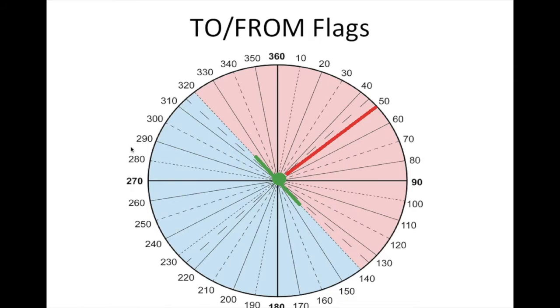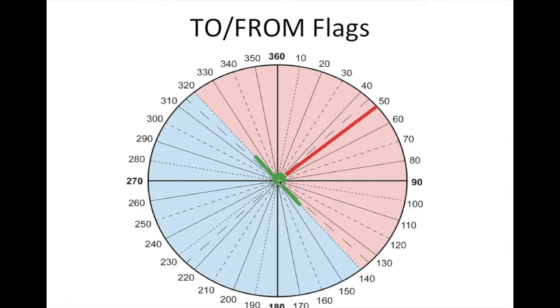So if my aircraft is anywhere in that upper half of the circle, and I've selected the 360, I would get a from indication. If I am anywhere between the 090 and the 270 range, I would get a to indication. Let's look at another example so we understand this thoroughly.